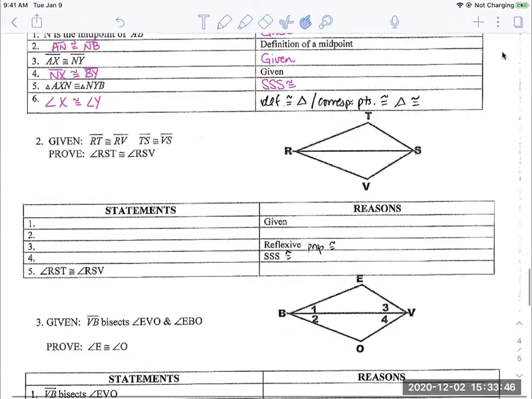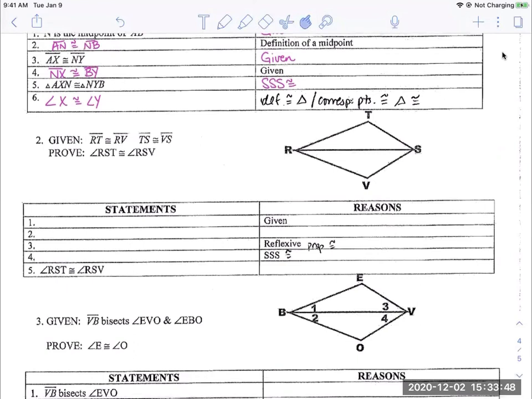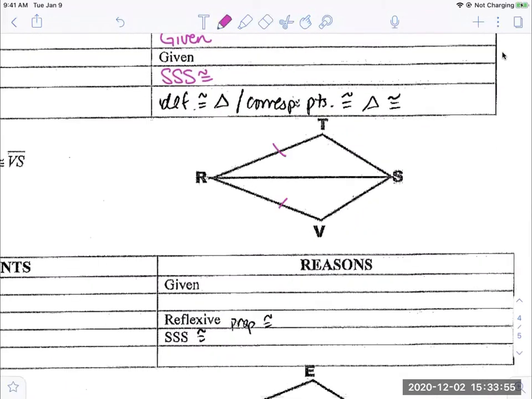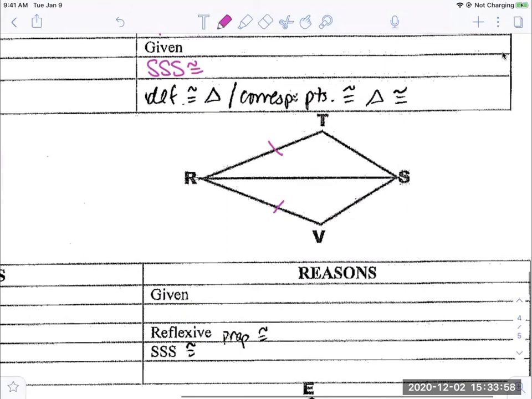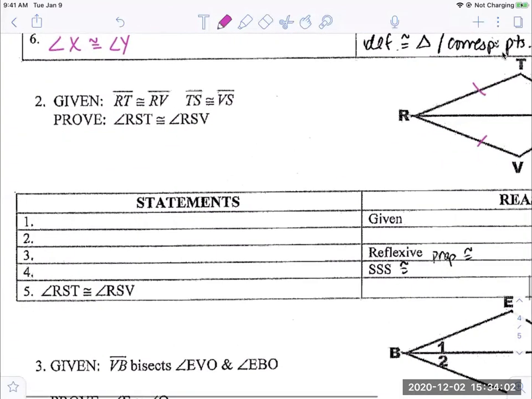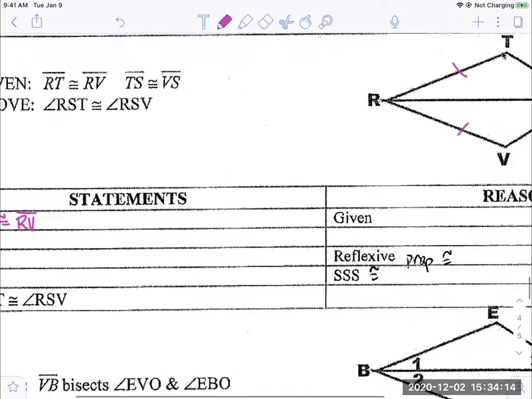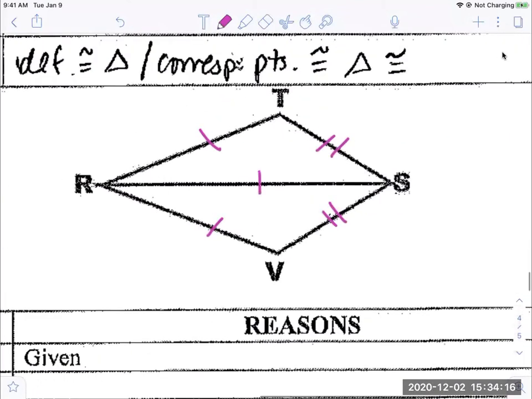The next proof says it's given that RT is congruent to RV and TS is congruent to VS. It looks to me like we're going to be splitting up these givens because step 3 says reflexive property of congruence, which means we're going to have that middle segment marked congruent.